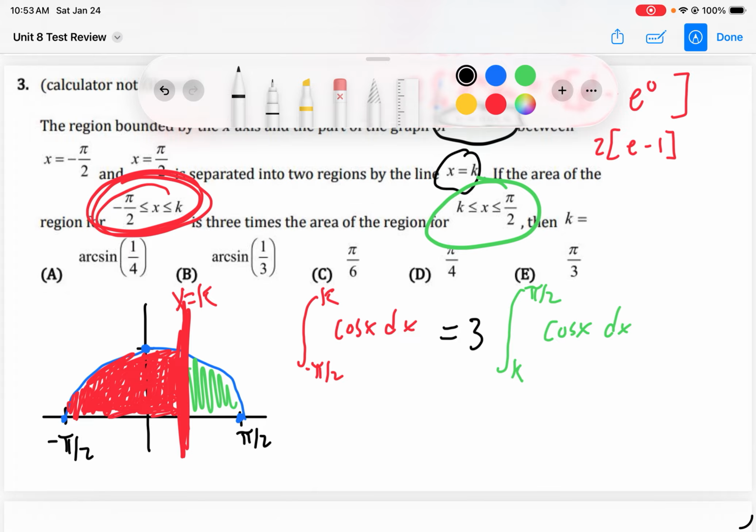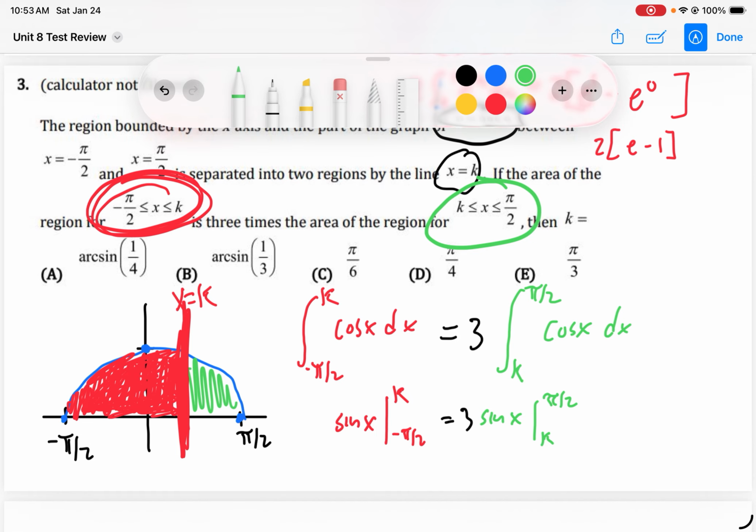All right, so let's actually integrate the left side. The antiderivative of cosine is sine, evaluated from negative pi over 2 to k. And then the green side integrated, and I'll just have that 3 there now. The antiderivative of cosine is sine again, and I'll integrate from k to pi over 2.